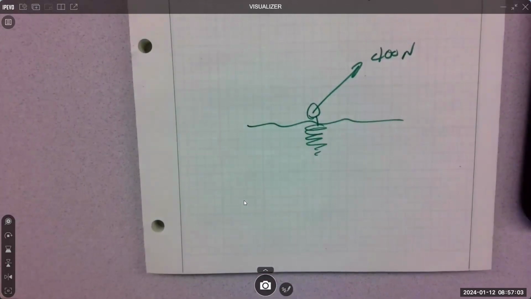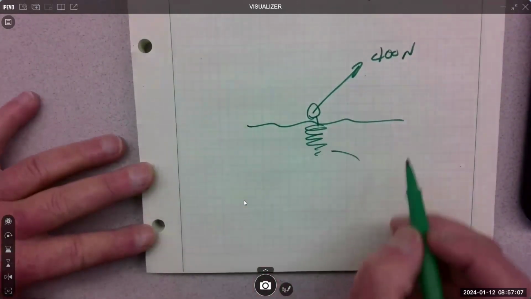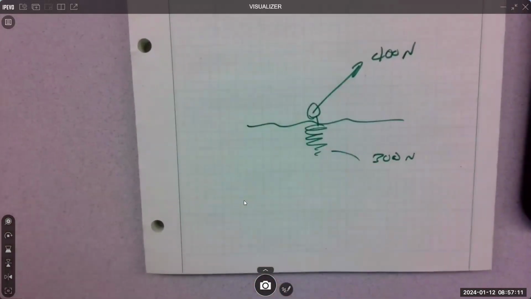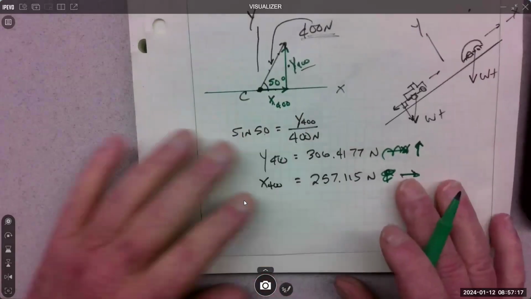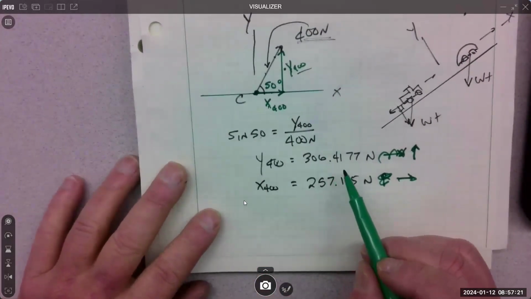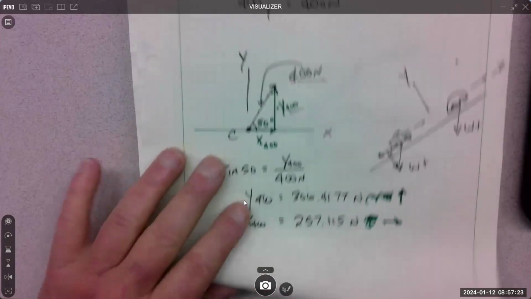So that's like a real type problem. This is rated at 300 Newton pullout. We can look it up, right? Some kind of helical anchor, 300 Newton pullout. Well, what do we calculate in the Y? 306. We're in trouble.